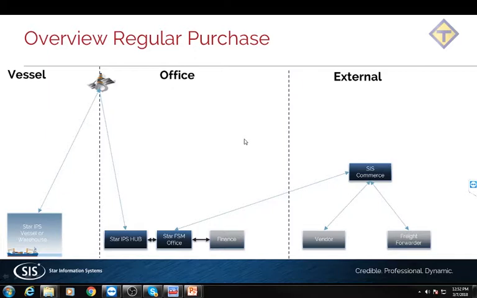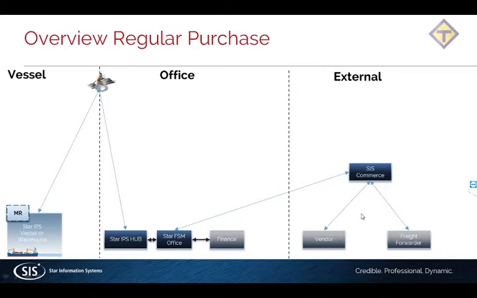As I explained before, the people on board can only create a material requisition or a direct purchase order. When they create a material requisition, that's what we call MER, it goes via satellite and arrives in the Star IPS hub, where at that point we can create a second approval step, or not, depending on how you would like it.